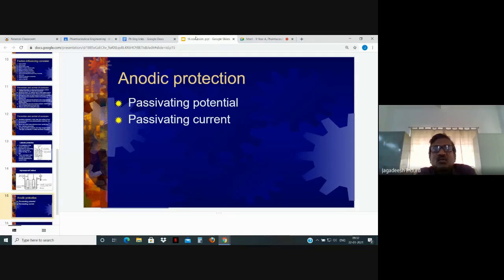Instead of applying too much current there and getting an electric shock, you apply that minimal potential and current supply to that particular galvanic cell. So you get the advantage of protection. At the same time, you have prevention of the corrosion without any electric shock.